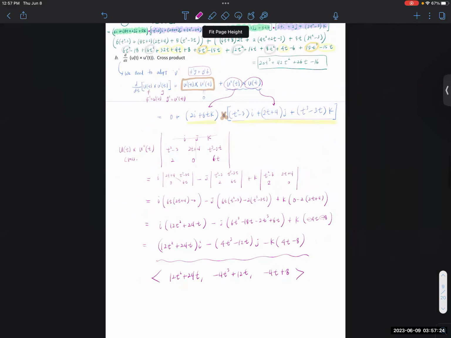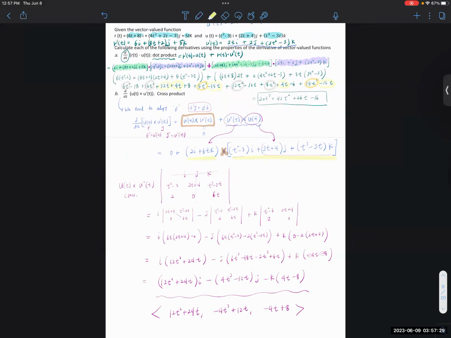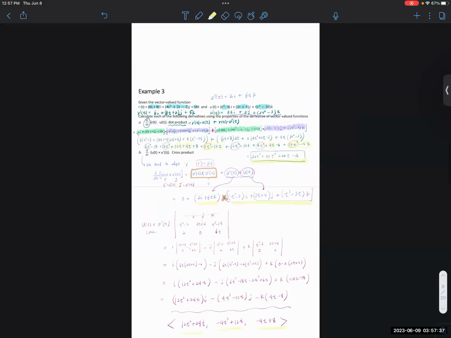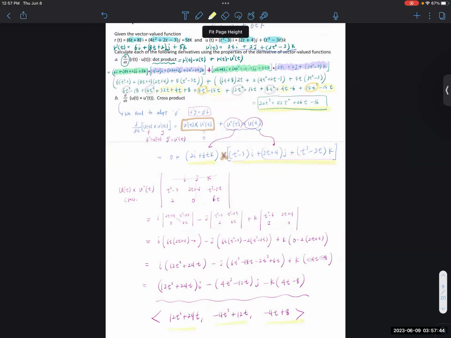So which is different, isn't it? For the dot product, you got one solution. This is a scalar, one number. But for the cross product, you got the vector form. So take a look at the definition of cross and dot product. We're just using the vector value function.